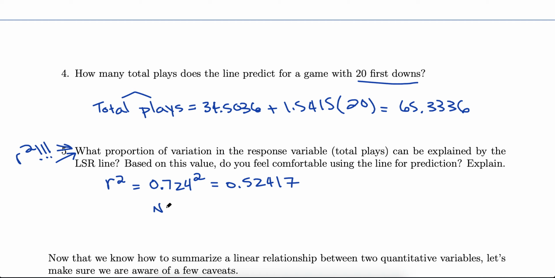So here I'll say no, because r squared is not close to 1. And again, close to 1 is sort of discipline specific. If you want a rough guideline for now, you can use 0.6, but it does depend on the discipline.